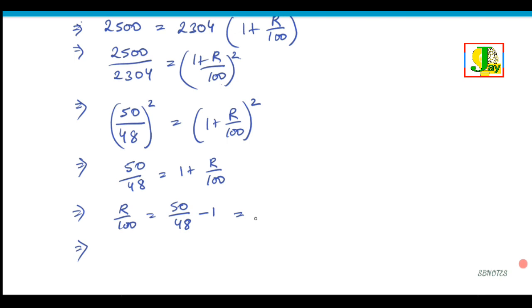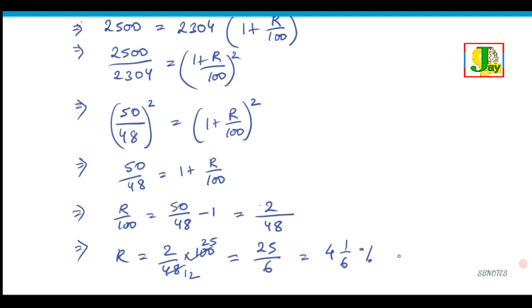Taking LCM 48, this becomes 50 minus 48, so 2 by 48. r equals 2 by 48 into 100, which comes to 25 by 6, that is 4 1 by 6% per annum.